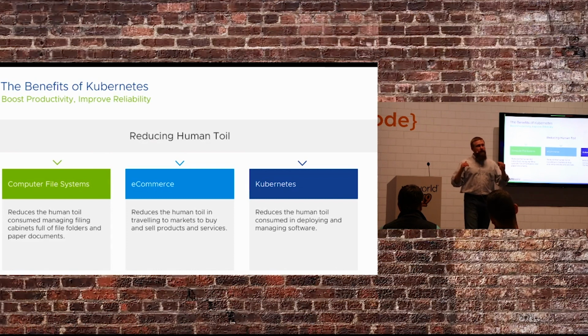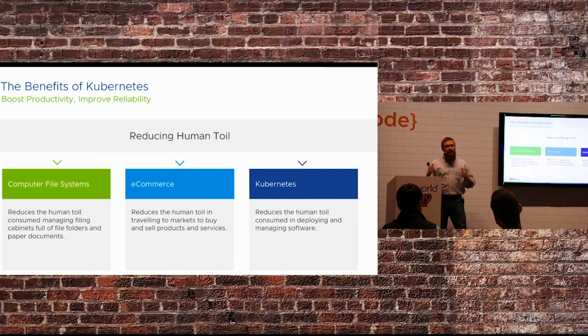Okay, so just as computer file systems remove the human toil of having to create paper documents and file them in physical filing cabinets, and just like e-commerce removed the human toil of having to travel to a physical marketplace in order to trade goods and services, Kubernetes is removing a tremendous amount of human toil from deploying and managing software systems.